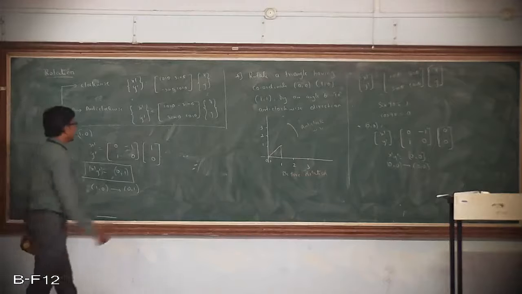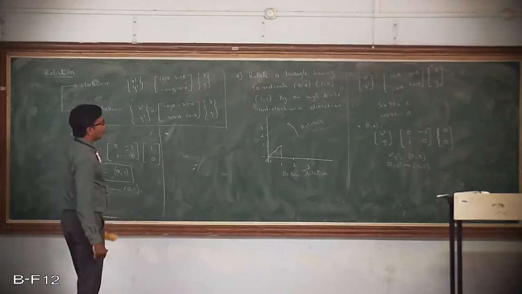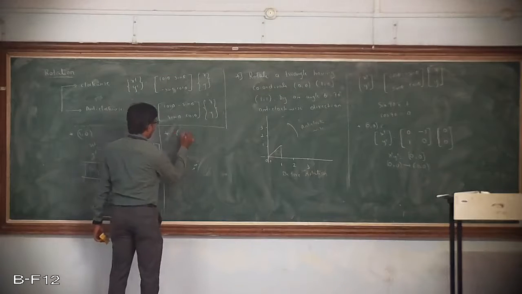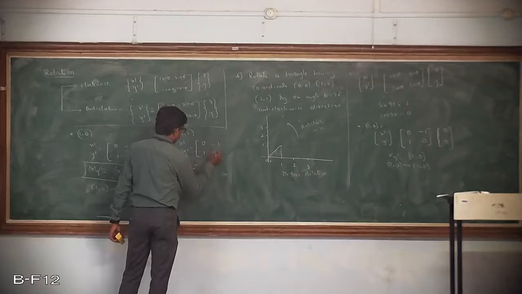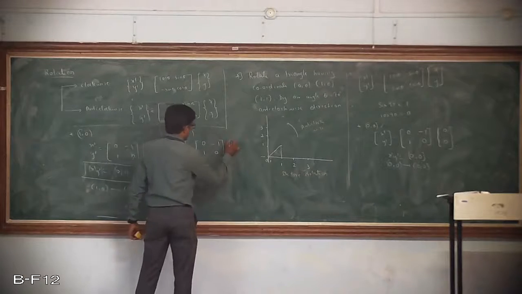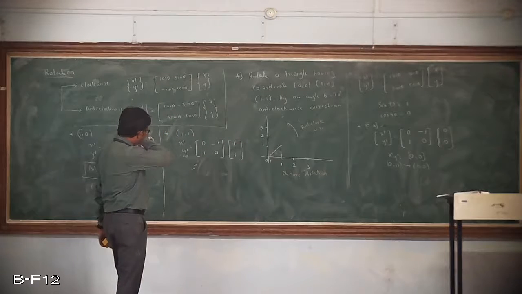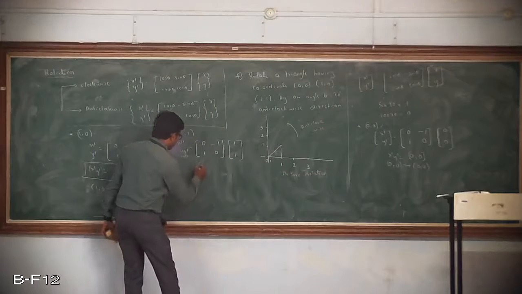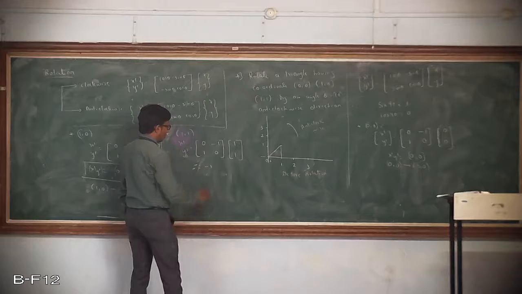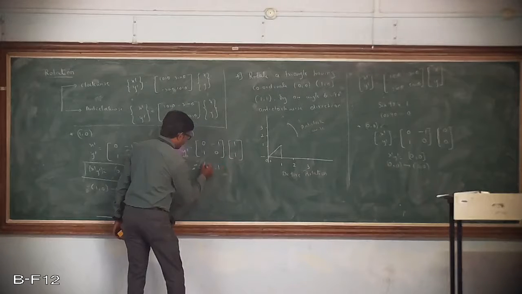Okay, so next we will be doing the next one, that is 1 comma 1. So x dash y dash will be equal to 0 minus 1, 1 0, and here will be 1 1. So calculate what you will get. 0 into 0 is 0, minus 1 into 1 is minus 1, so we will be getting minus 1, and 1 into 1 is 1, 1 into 0 is 0, so we will be getting 1.